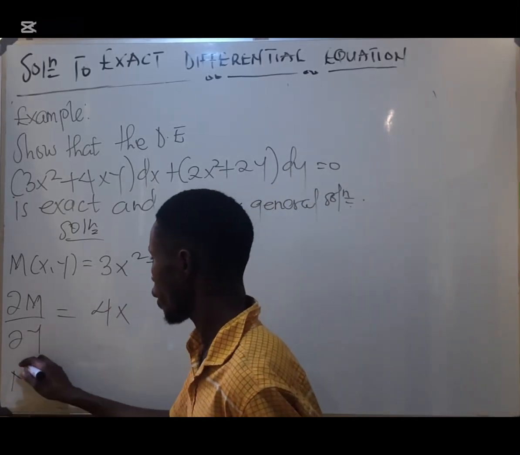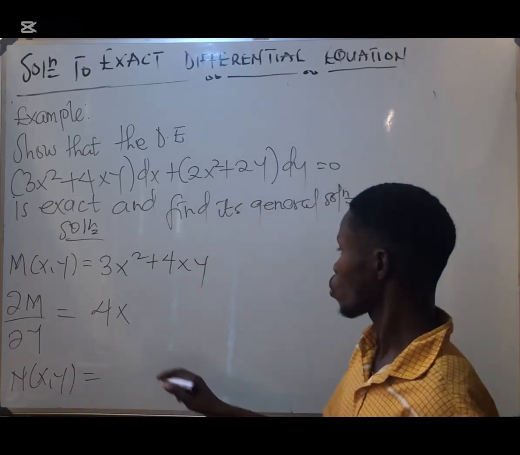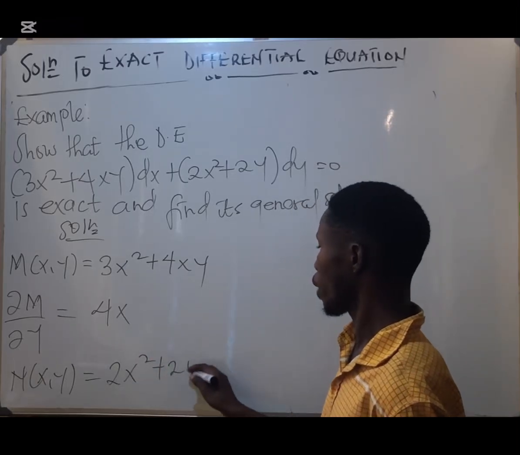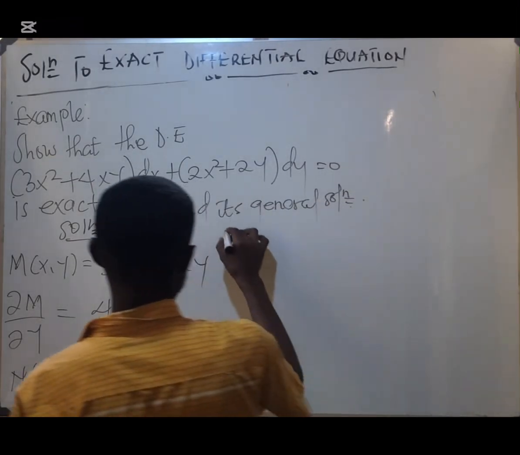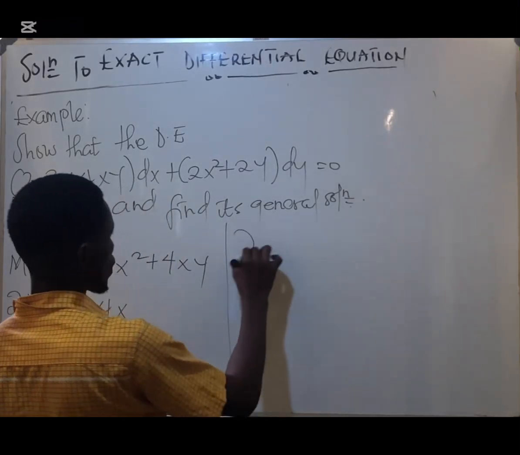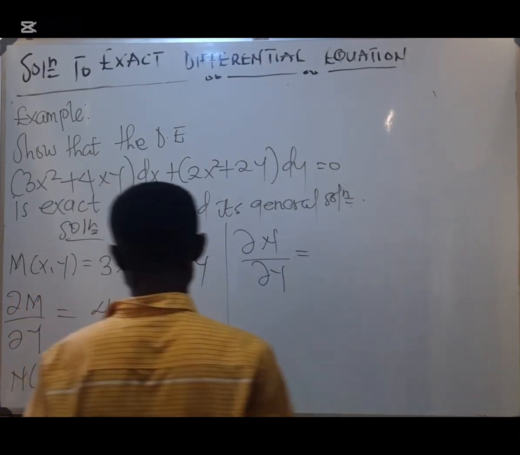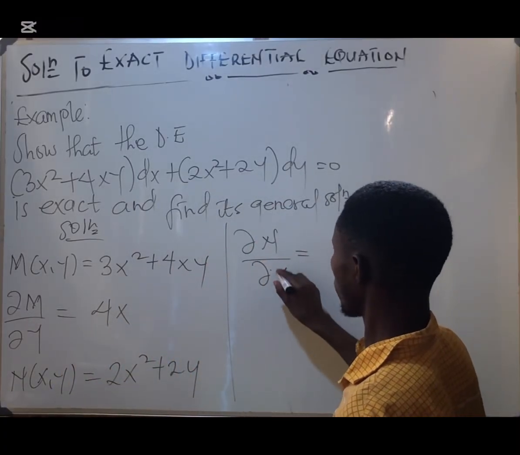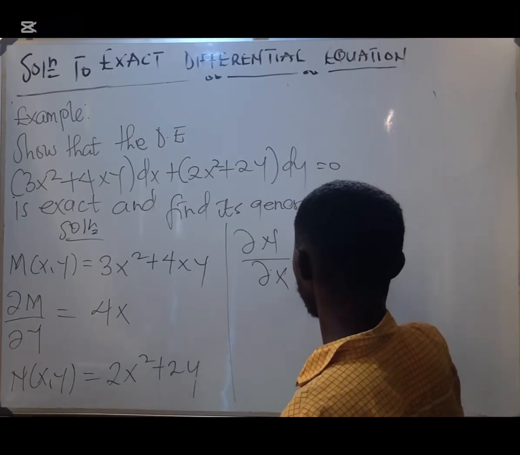Then I have N in terms of x and y equals 2x squared plus 2y. Is that okay? If I take the partial derivative with respect to x, the y goes to 0, and if I differentiate it, that will give me 4x.